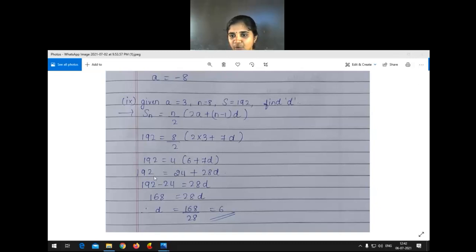Transfer this 24 to this side, then 192 minus 24 is equal to 28d. So 168 is equal to 28d. Therefore, d is equal to 168 divided by 28 is equal to 6.